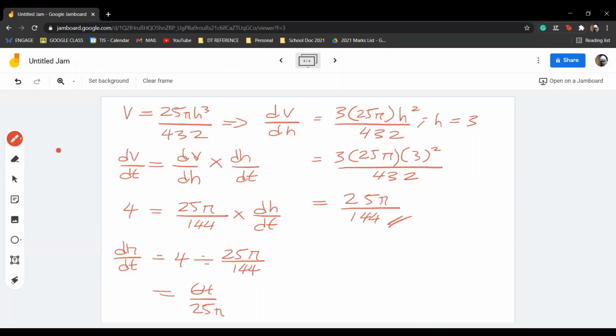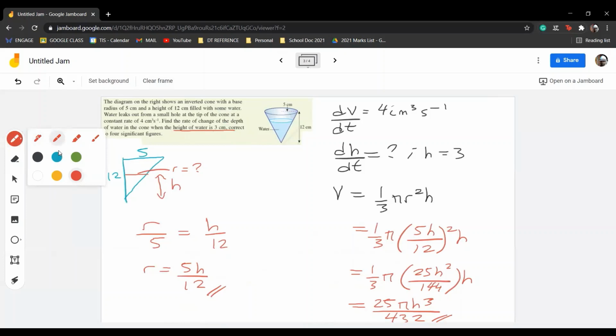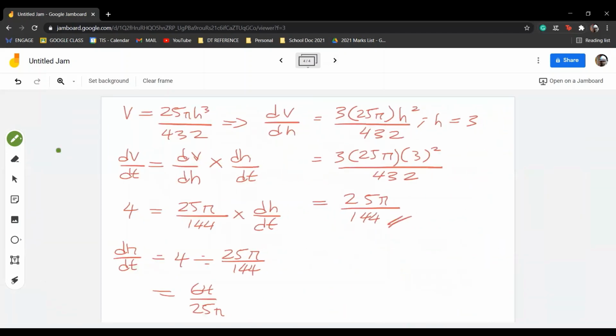But you need to notice something here: the water is leaking out, hence this one is negative. So you need to add a negative here, and the final answer will have a negative.